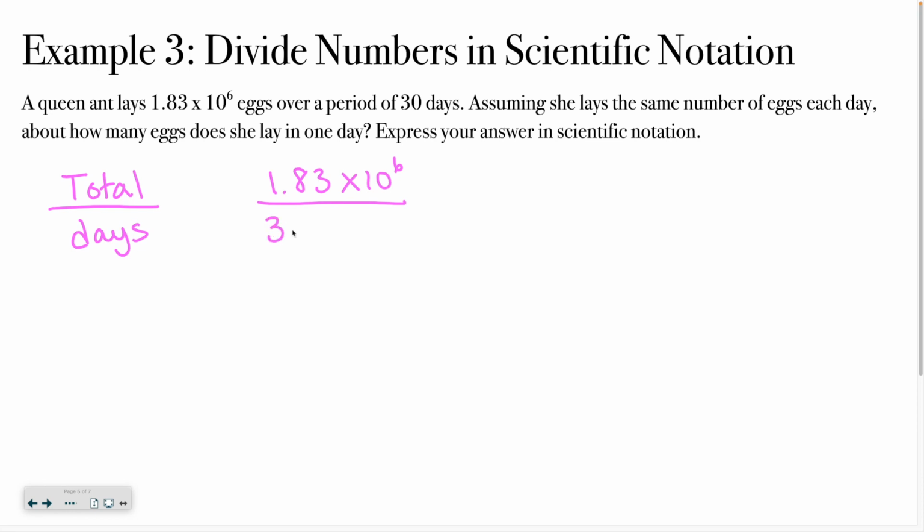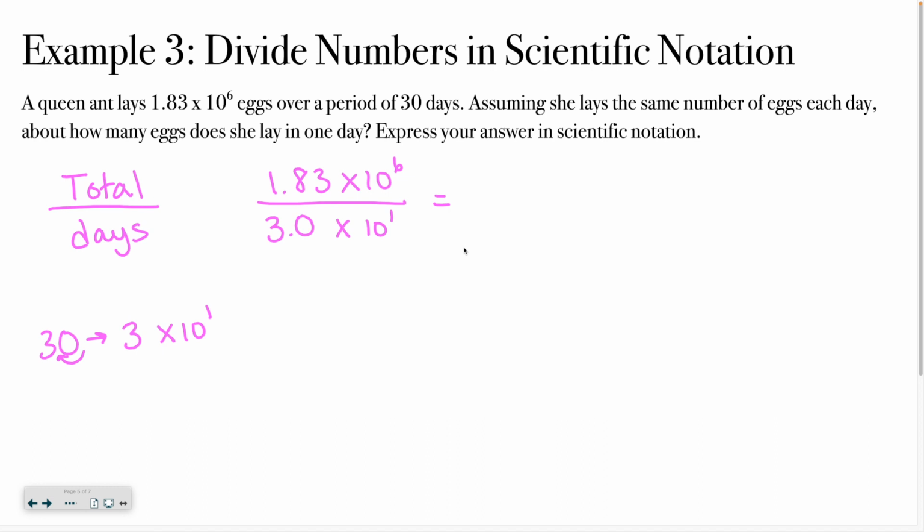So I'm going to divide by 30 days. But something I meant to do on the last problem but definitely forgot, so I'm going to make sure to do it here, is let's convert 30 to a scientific notation number. So that would be 3 times 10 to the 1st, right? Because I just have to move it 1 spot. So I'm going to say 3 times 10 to the 1st.